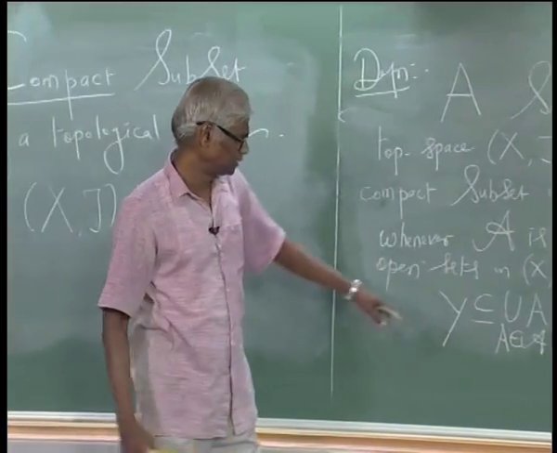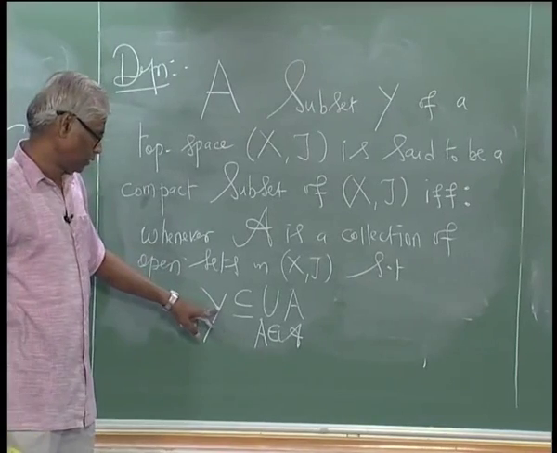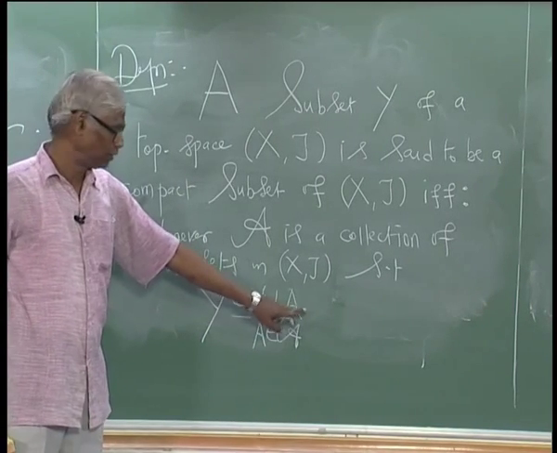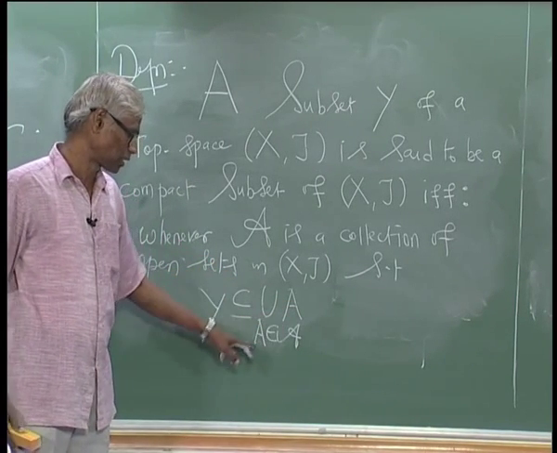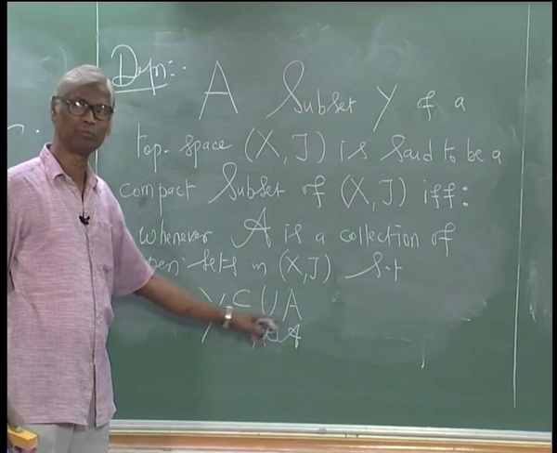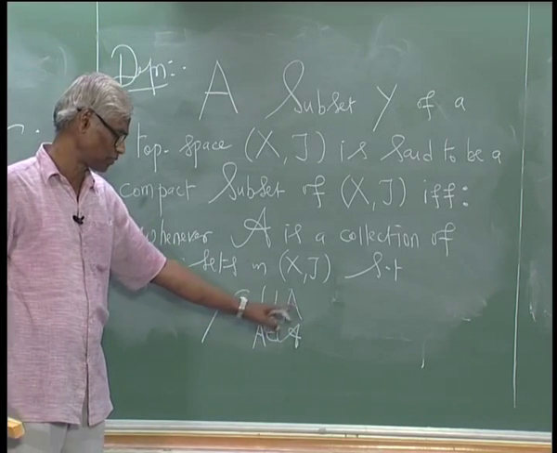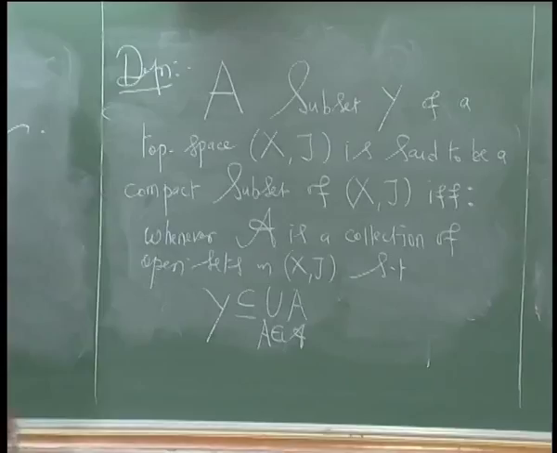In that case, since every A is a subset of X, X will become the whole union of A in script A.